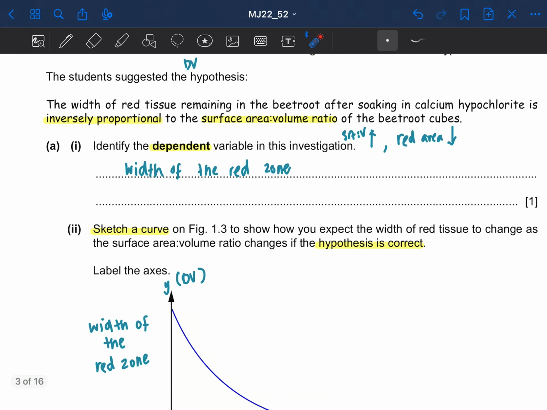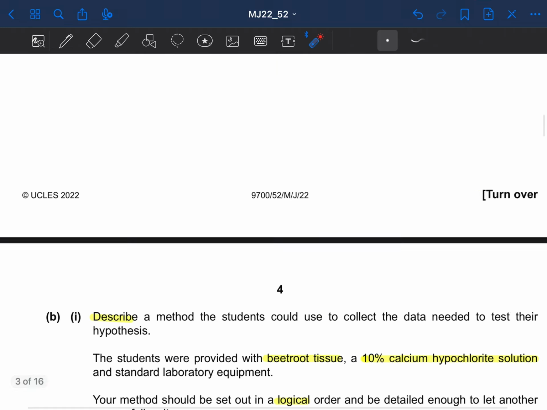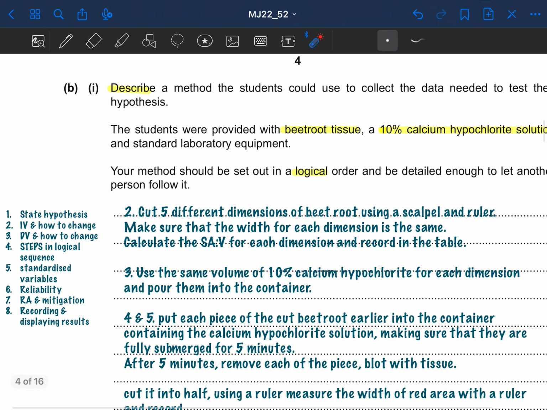So we can almost ignore that one. Then point number 2 is the idea of knowing what the independent variable is and how to change it. What I've done in my answer is, according to the numbered points that I put here and their respective descriptions, I also put the number here so you know which description matches which step, which I've included on the left side for your guide.